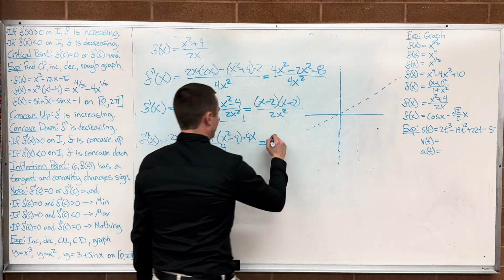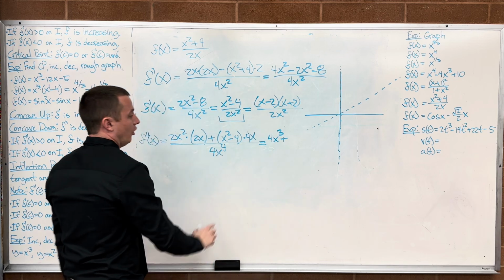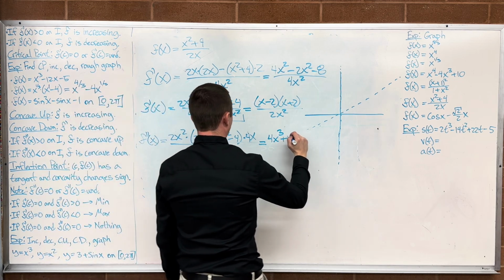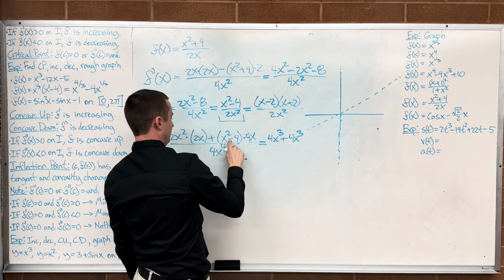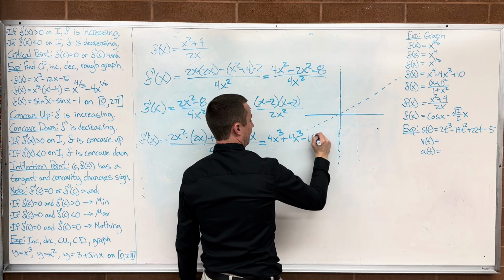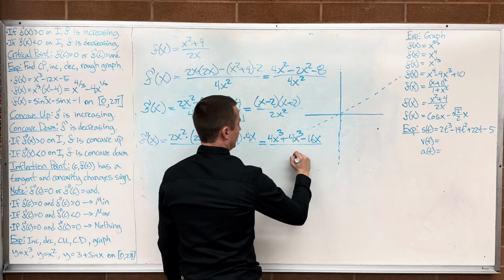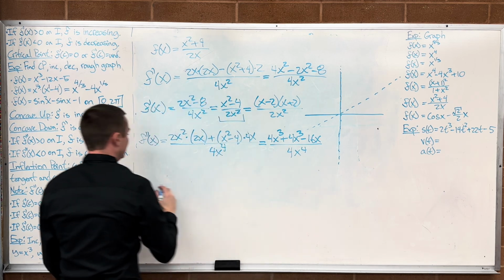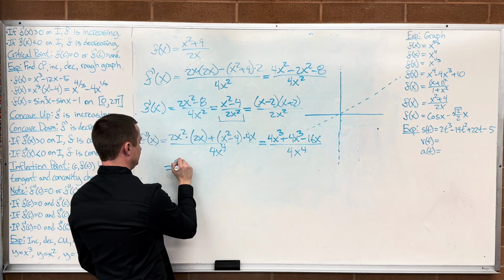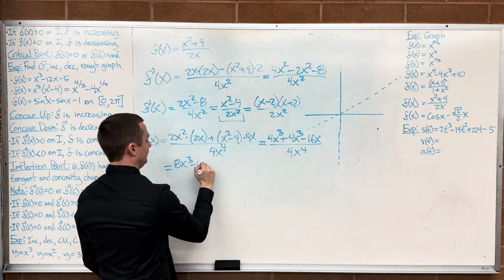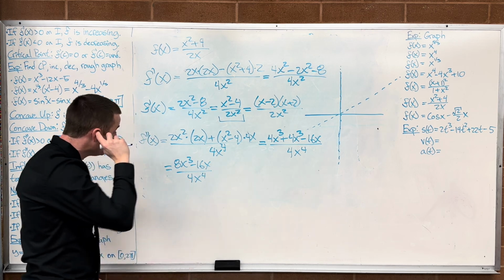2x squared times 2x is going to be 4x cubed. 4x cubed plus, over here we're going to get 4x cubed again, and then we have minus 16x. Did I do all that right? All over 4x to the 4, which is going to be equal to 4x cubed and 4x cubed is 8x cubed minus 16x all over 4x to the 4.